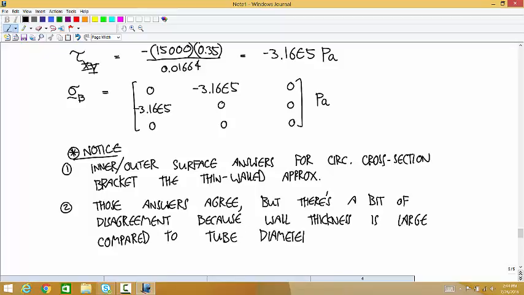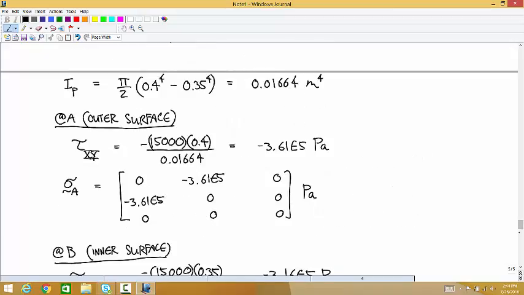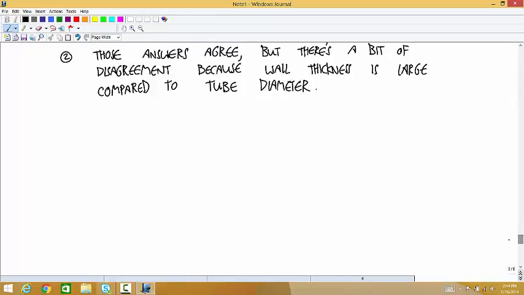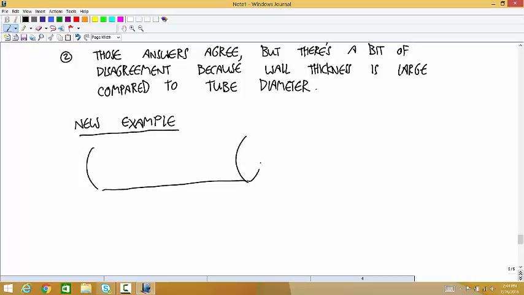Okay, so what if you did this problem again? Let's do a new example. We're not going to actually do it, I'm just going to tell you what the answers are. So again, we have a hollow circular tube.